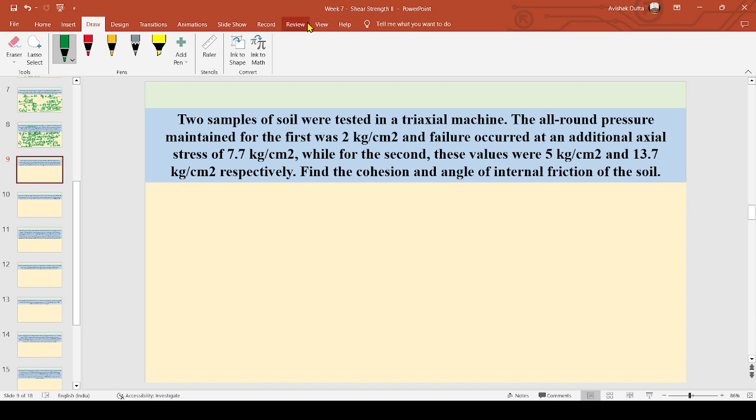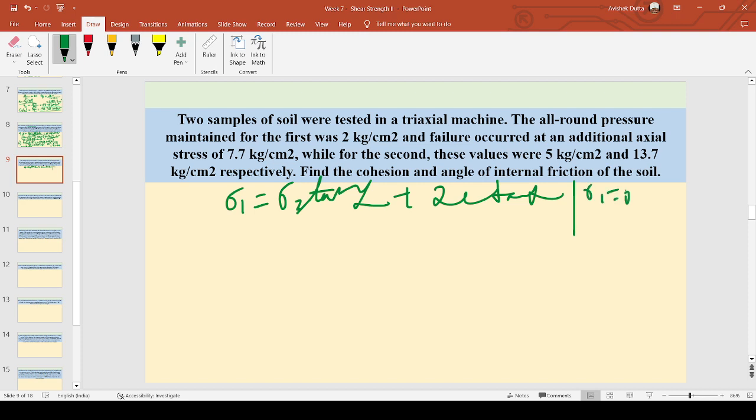Okay, this is also a very easy question. We need to write down the first equation: sigma 1 equals sigma 3 tan square alpha plus 2c tan alpha. Using this, sigma 1 equals sigma 3 plus sigma d. So sigma 3 is 2 kg and sigma d is 7.7.